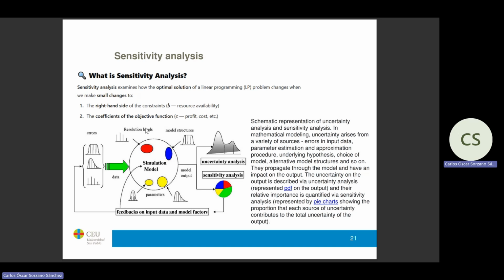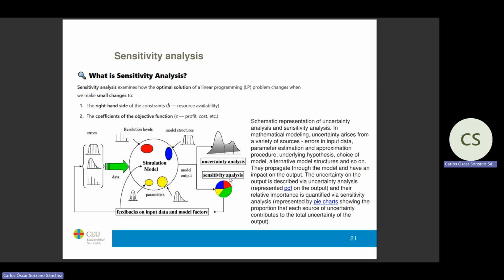In general, it can be formulated in this way. You have some data, but you know that this data has errors. With this data you compute some model, and because you have errors here, the coefficients of your model will change. That is uncertainty analysis in general, not in this optimization setup.